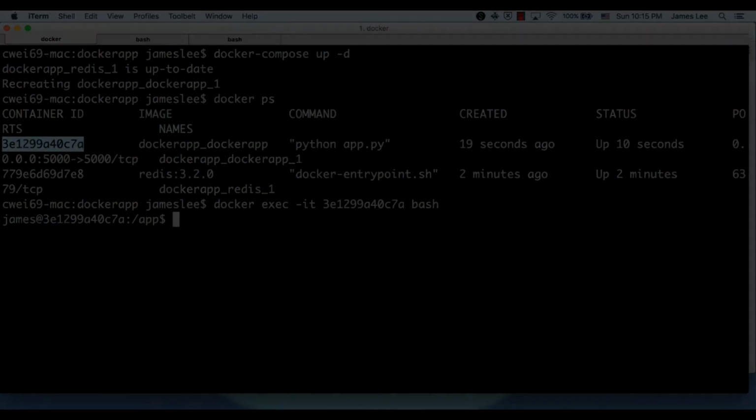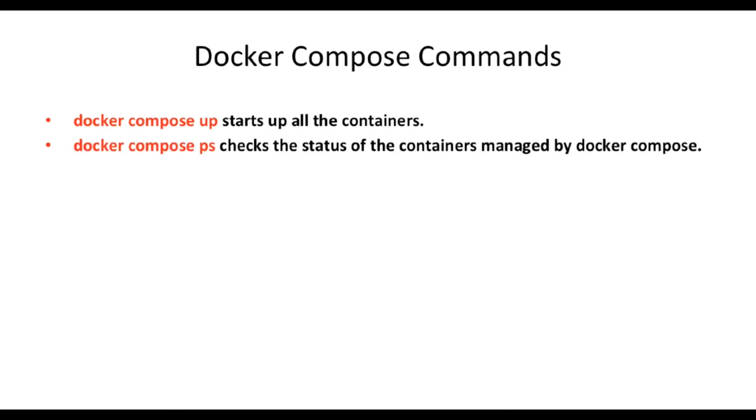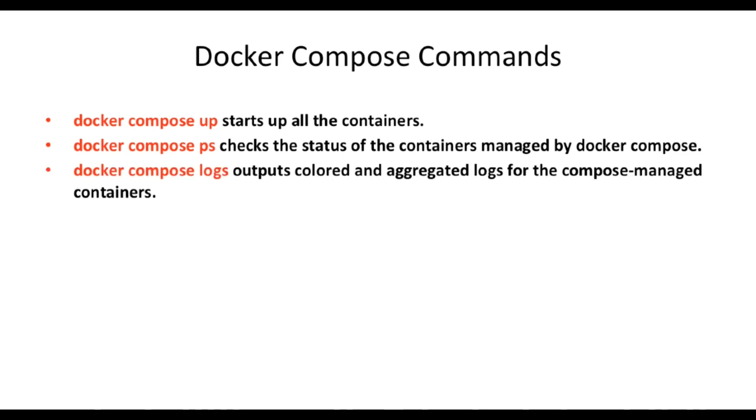I have demoed a lot of Docker Compose commands in this lecture. Let's review what we have learned about Docker Compose workflow so far. Docker Compose up starts up all the containers. Docker Compose ps checks the status of the containers managed by Docker Compose. Docker Compose logs outputs colored and aggregated logs for the Compose managed containers.